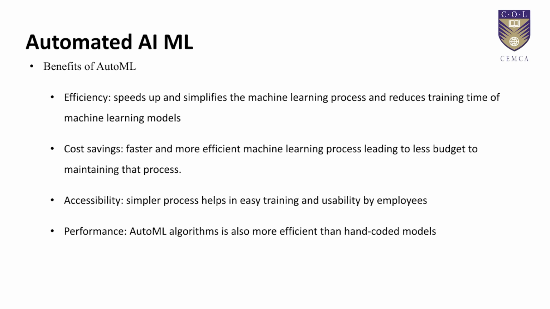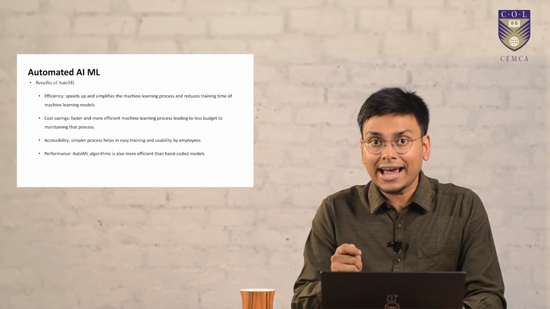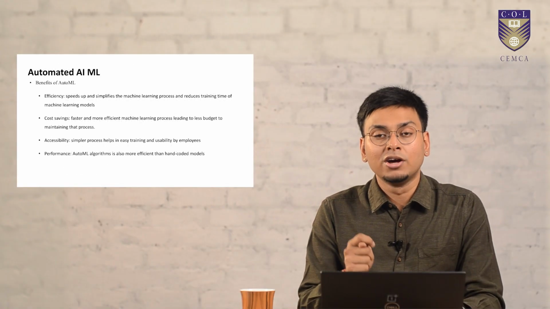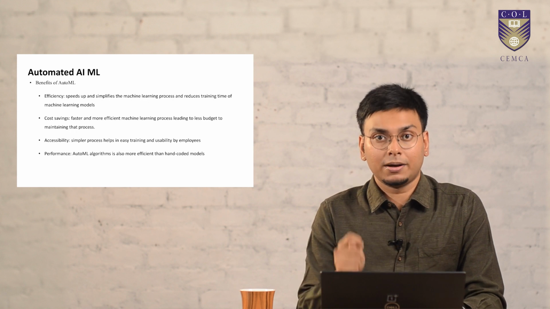Along with that, accessibility increases a lot, because the training needed for employees goes down substantially. Any person without in-depth knowledge about the different machine learning algorithms can use these automated AI/ML processes. And last but not least, the performance of these models is highly optimized as well, because the selection of the model depends on the computer itself. The computer knows exactly the architecture that needs to be applied for the problem it is facing.